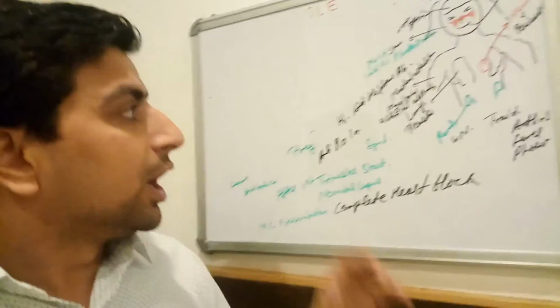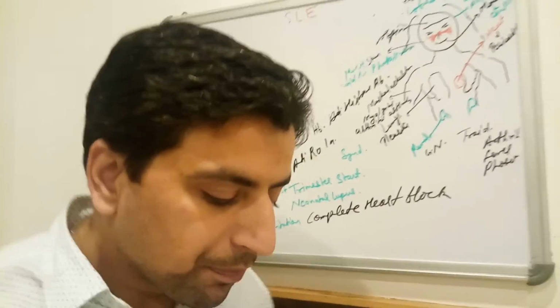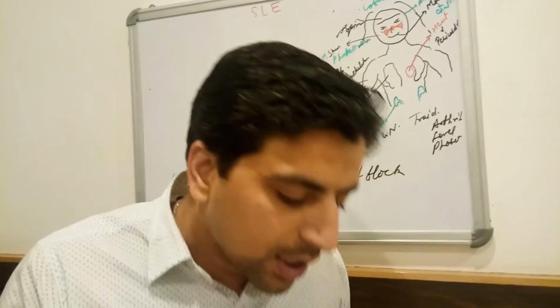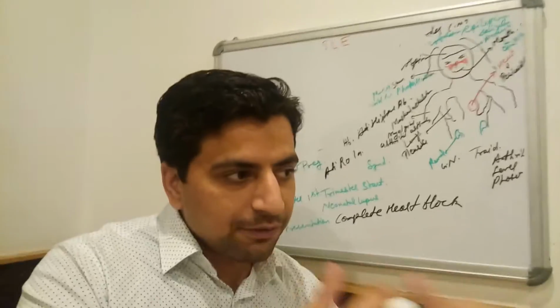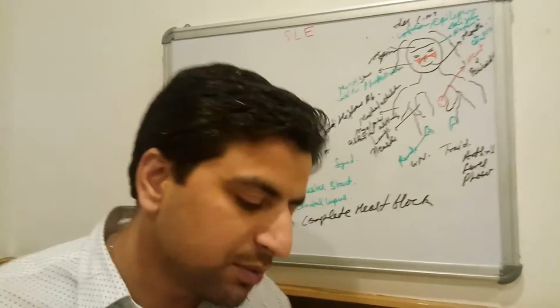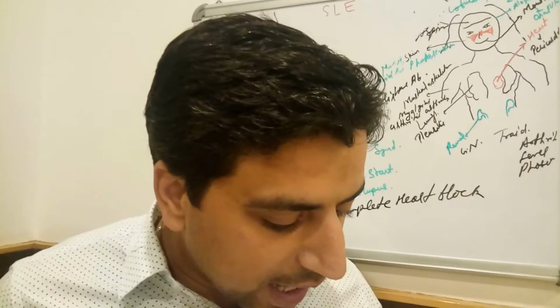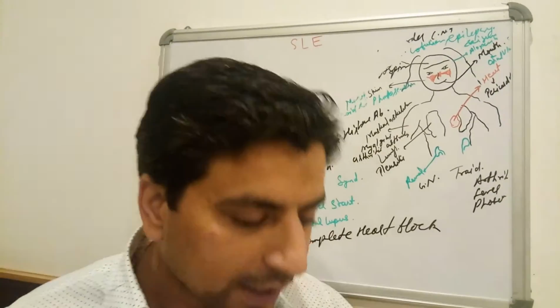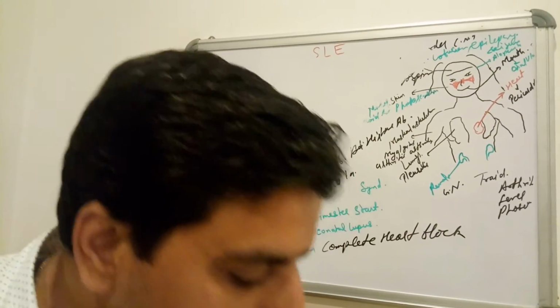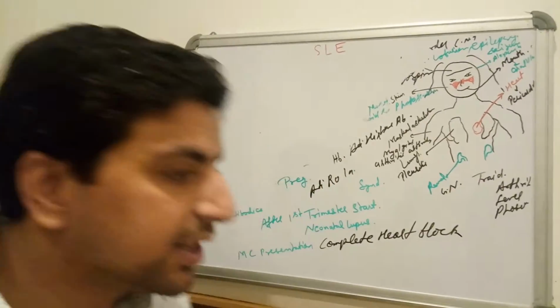I already explained in my theory that anti-dsDNA is the most specific antibody, but anti-Smith antibodies are also specific. But if we think about anti-dsDNA, it is more specific. Anti-histone is for drug-induced lupus, I already explained. Anti-Ro is responsible for photosensitivity. So my dear friends, I hope your doubts are clear.